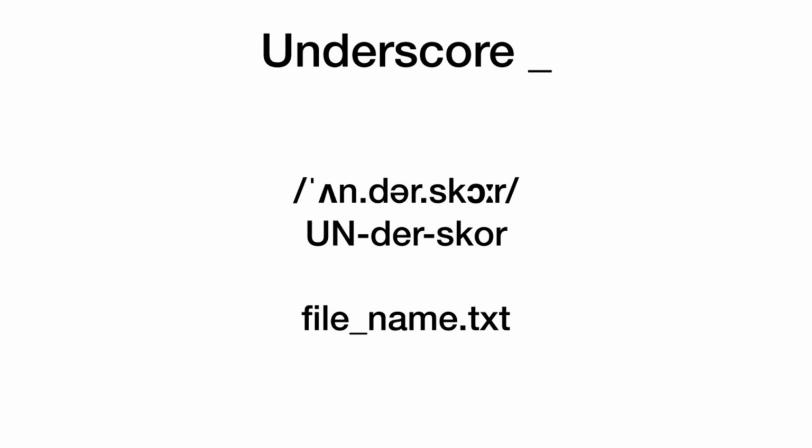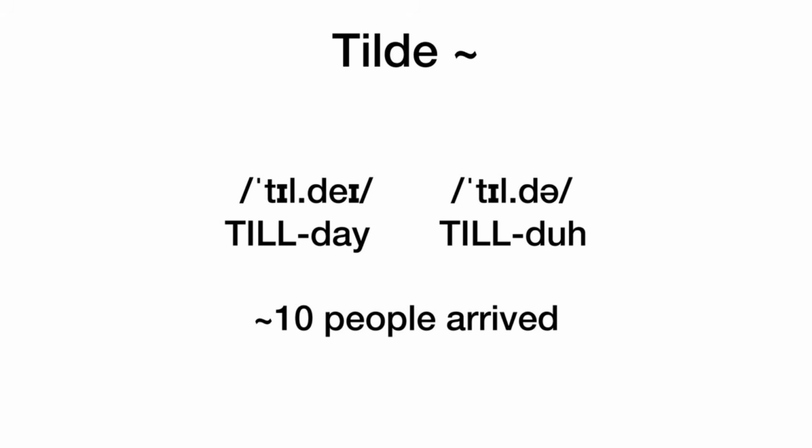Stress syllable number one, and then secondary stress on syllable number three. Underscore. The file name is file underscore name dot txt.